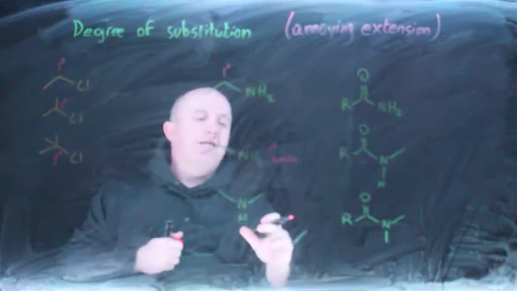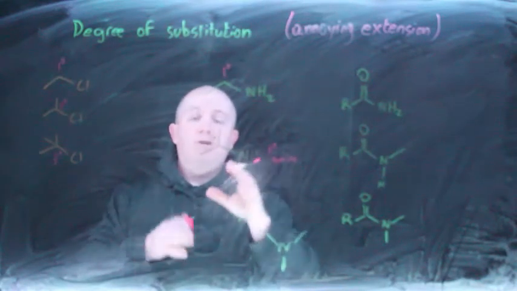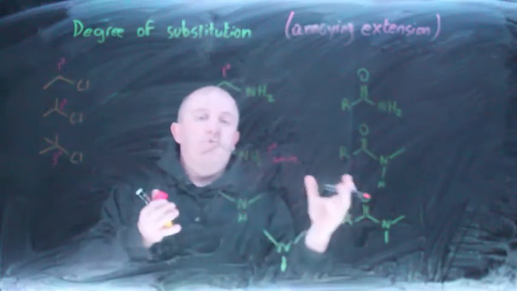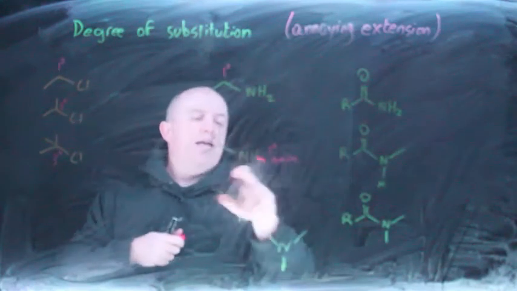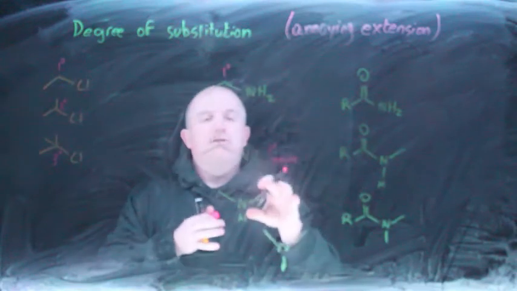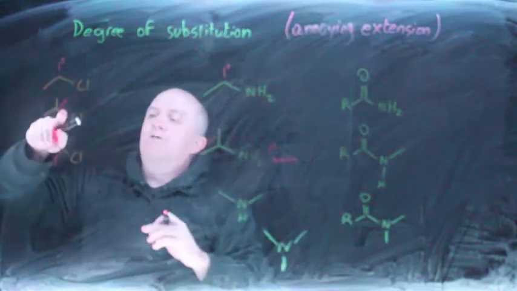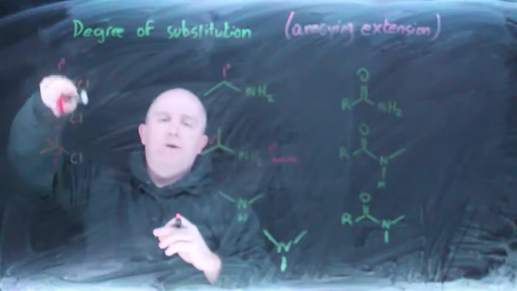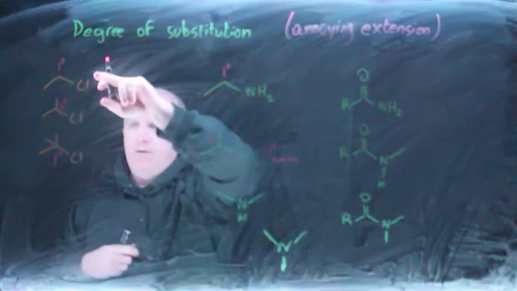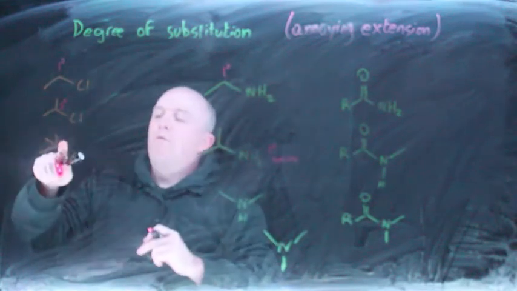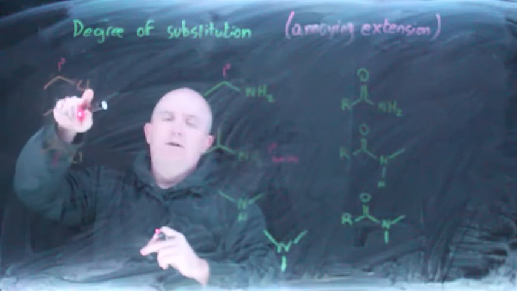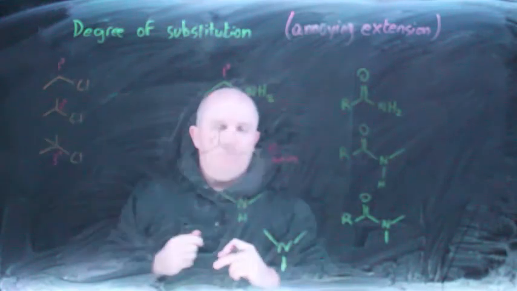But here's the annoying extension of the degree of substitution idea. If we're talking about amines, they have the capacity to be bound to multiple carbons at the same time, up to 3 or even 4. So they can be referred to directly by how many carbons are bound to the amine, whereas a chloride is only ever going to make one bond no matter what. So if we talk about this being a primary, a secondary, or tertiary chloride, what we're referring to is the nearby carbon, not the chlorine itself, which after all is always bound to one thing.